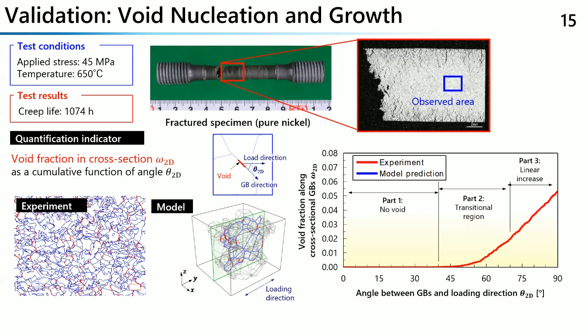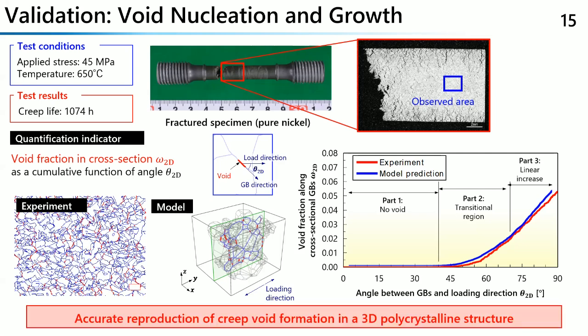So this is a comparison of results. We can see very good agreement between them. So we found that the developed model can accurately reproduce the creep void formation in a 3D polycrystalline structure.